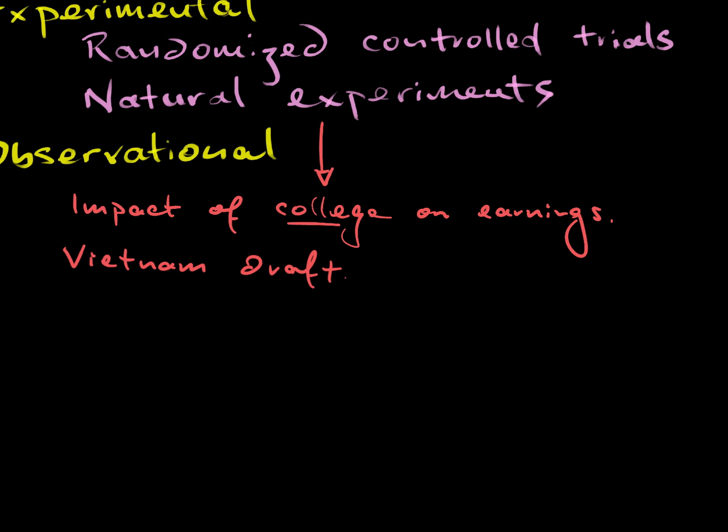Now, if you were called up for the draft, there were things you could do to not get drafted. One thing was to have a medical excuse. But another thing was that being enrolled in college gave you a deferment until you finished college.